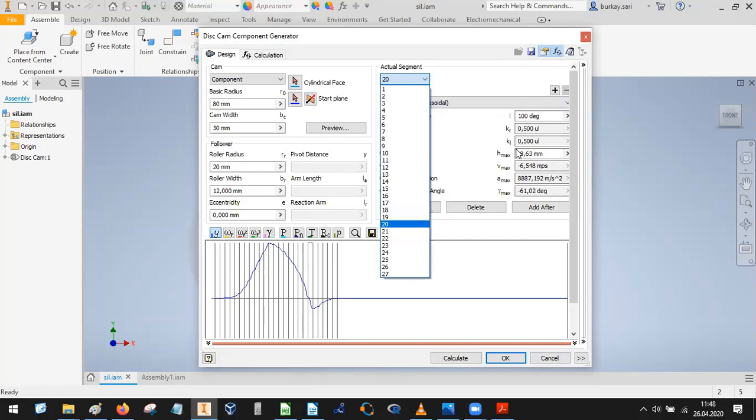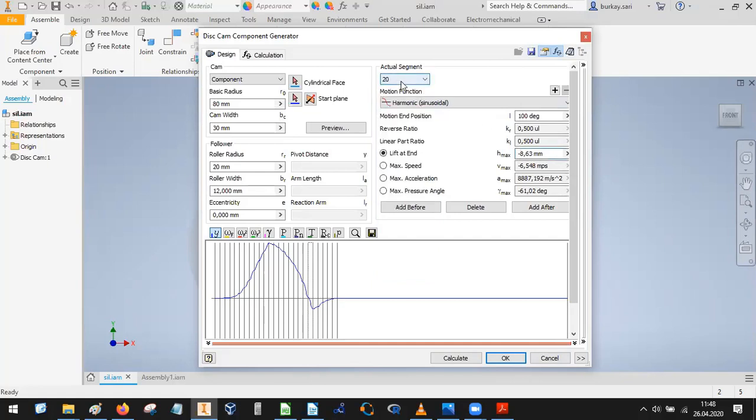You have to just add minus after the 20th segment. Maybe it's my fault in the previous one.